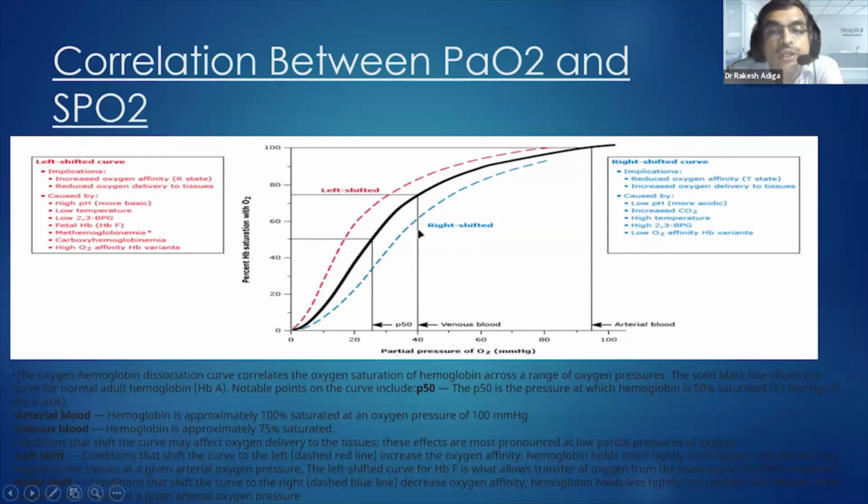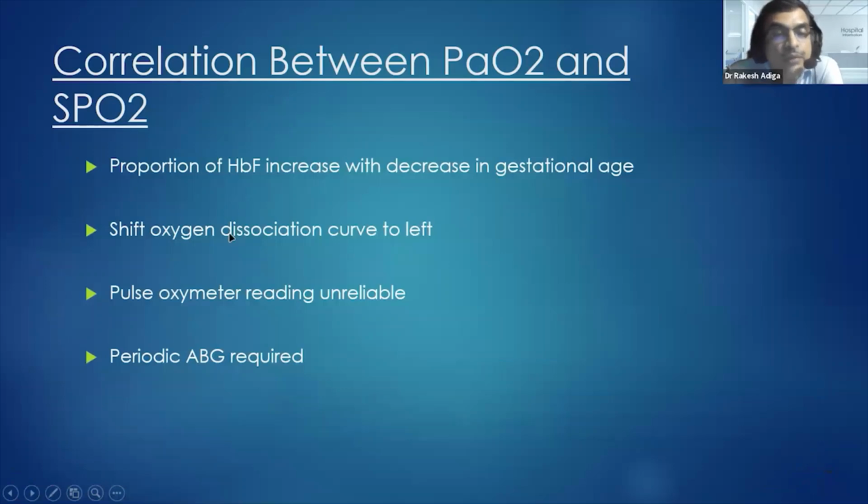At around 40, they have saturation of around 85 to 90. So because of that, in extremely preterm babies, periodic ABG might be required for the first few days of life.